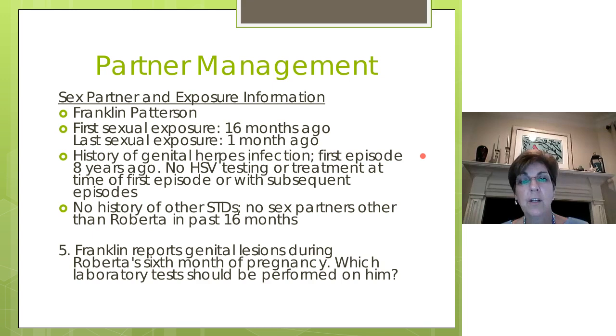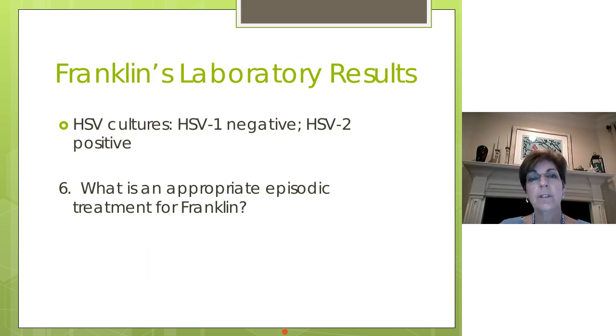He reports genital lesions during the 6th month of her pregnancy. What lab tests should you perform on him when he reports these lesions? A culture. So now is when you're going to do a culture. You would do HSV cultures, just like a wound culture.